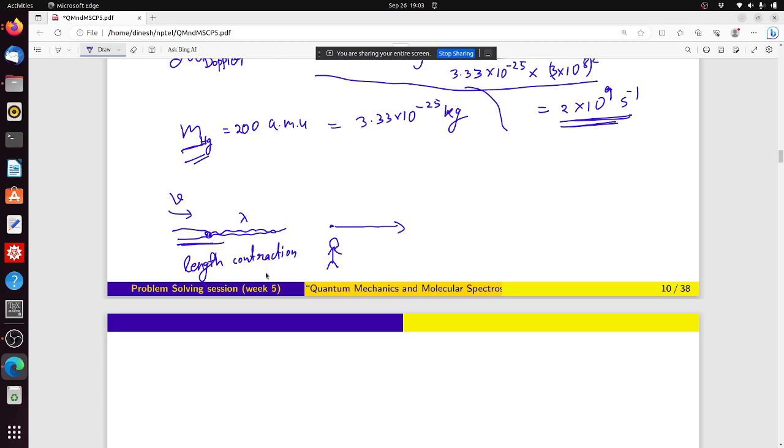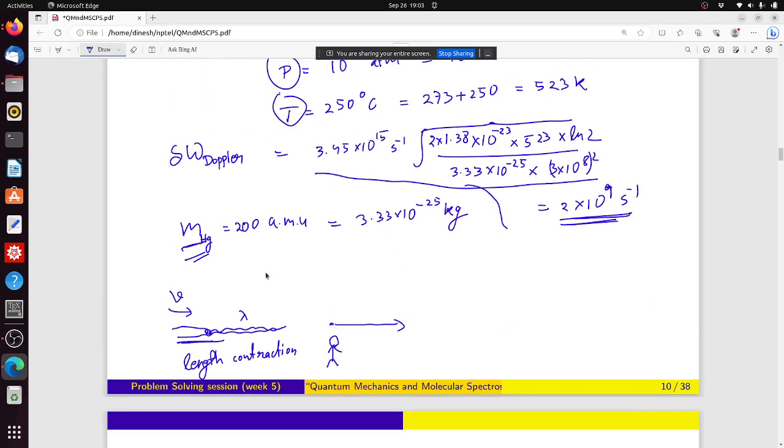I am sorry I couldn't give you the chemistry point of view of this. Maybe in the next class I'll get back to you with the chemistry point of view, but from the physics point of view, this length contraction will happen when this light is moving towards you. This length will seem to contract, so the wavelength of the light will reduce.